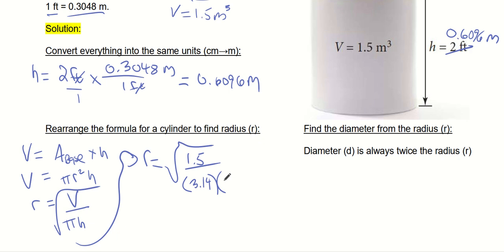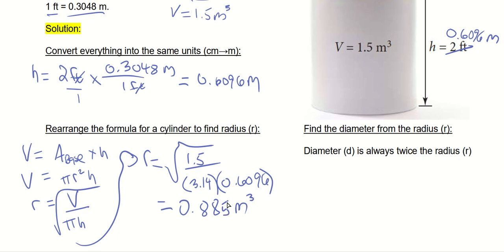The height, which I calculated earlier, is 0.6096. That's also in meters, and that should give us a number of 0.885, and that would be meters cubed.